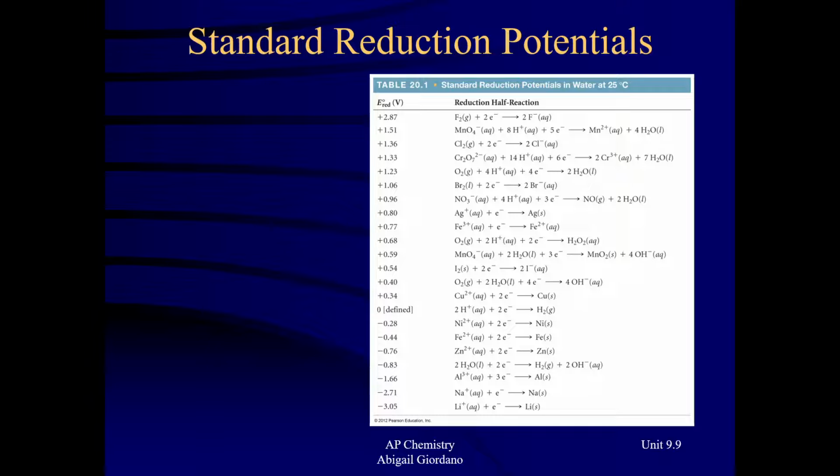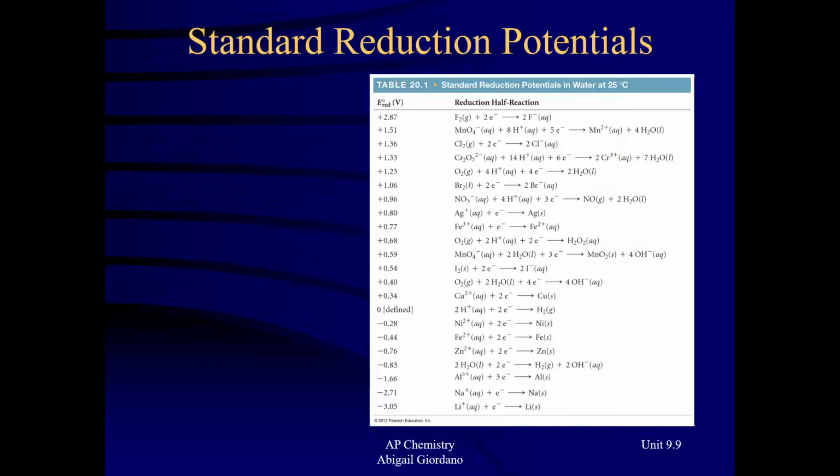Let's look at what's going on in this table. If you look at the title, it says standard reduction potentials. If you run your eyes down this chart, I want you to notice that the electrons in all of these half reactions are on the reactant side. That's because all of these half reactions are written as reductions. That's what the title of the table says.